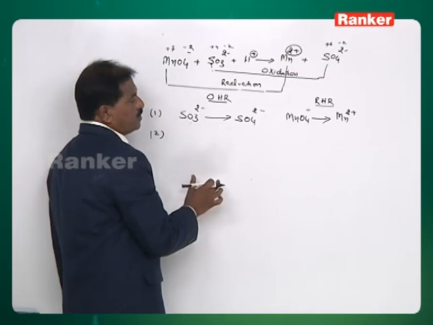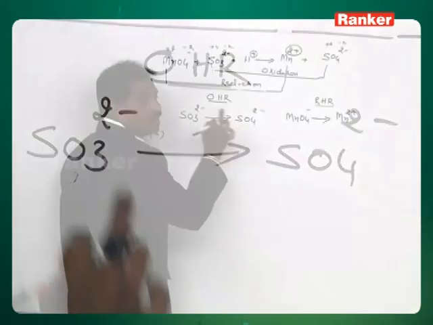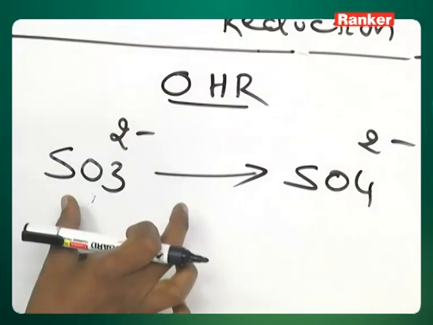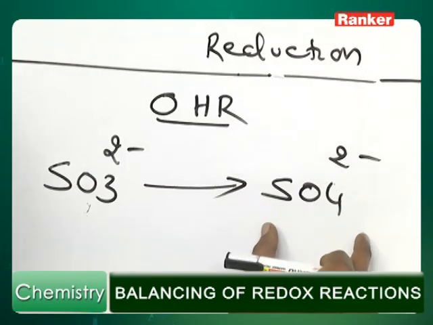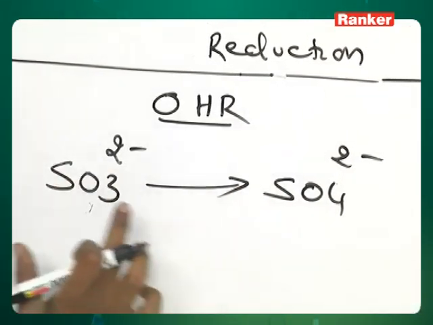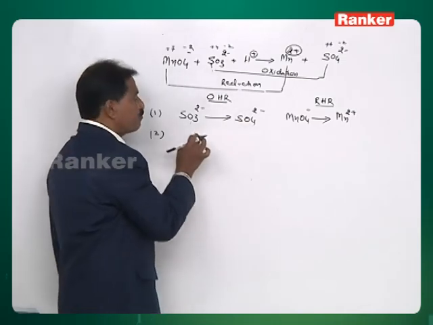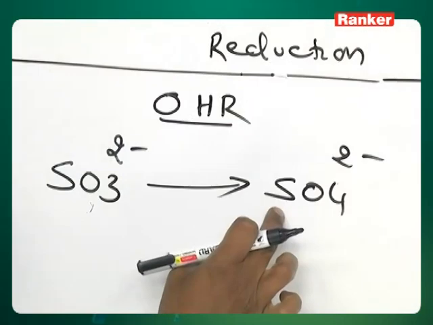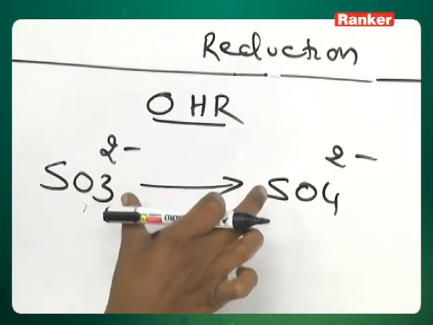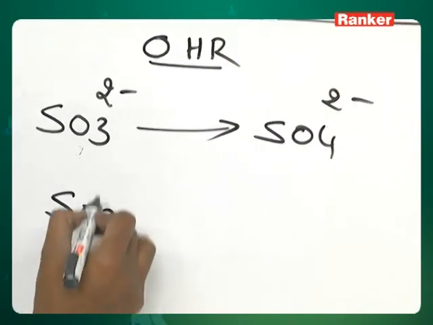In the first step, you balance all the atoms except oxygen and hydrogen. Here in this first half reaction, we have SO3 and SO4. In the first step, identify only the atoms other than oxygen and hydrogen. Other than oxygen and hydrogen means sulfur. Here one sulfur and here one sulfur. Since the sulfur atoms have already balanced, you carry the reaction as it is without any change.